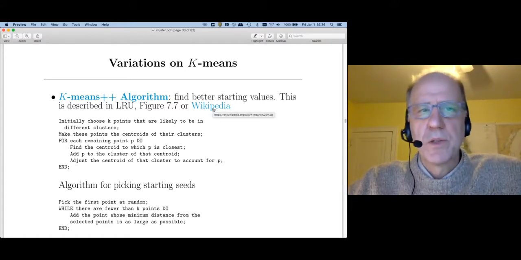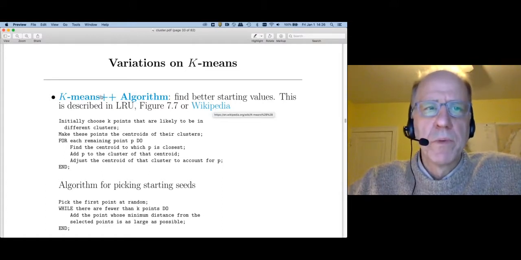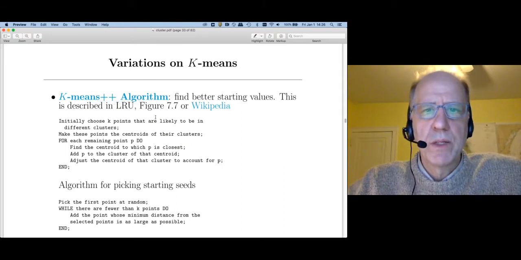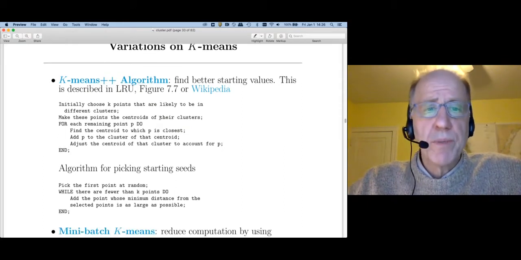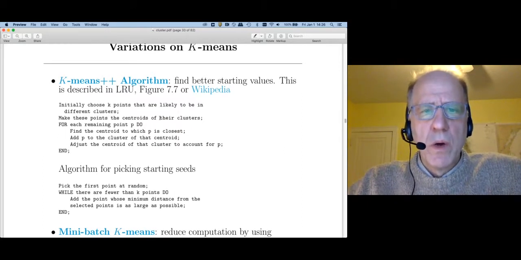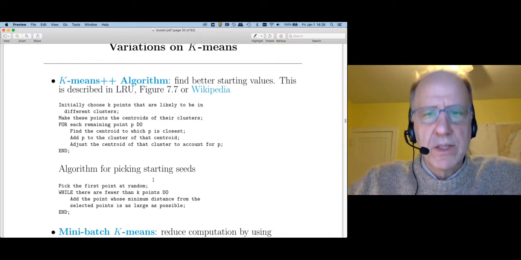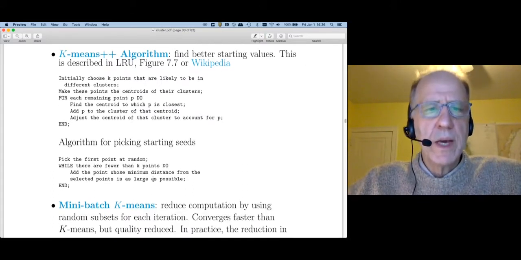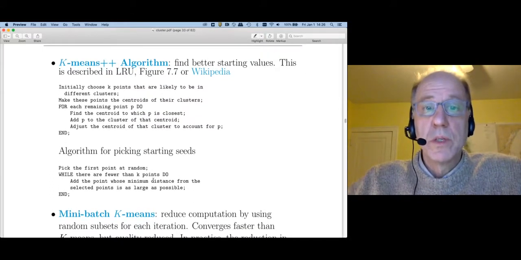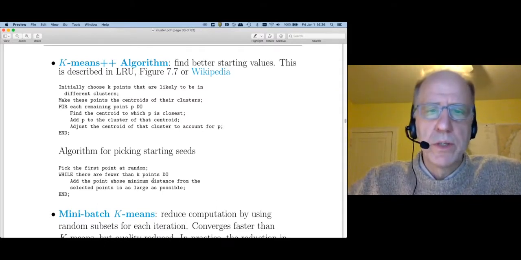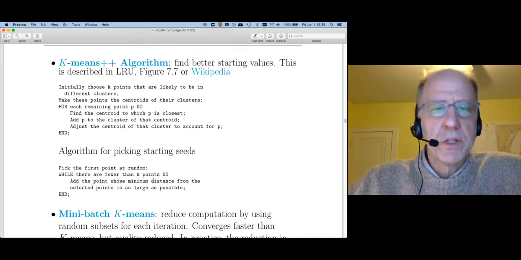But I do want to discuss one of the more important methods, which is sometimes called K-means++. The idea of K-means++ is we want to spend a lot more time picking our starting seeds and pick very good seeds. So here's the algorithm that we're going to use in choosing those seeds, rather than the Hartigan-Wong approach, which was just pick K observations at random.